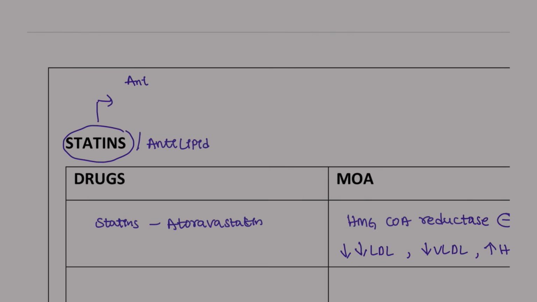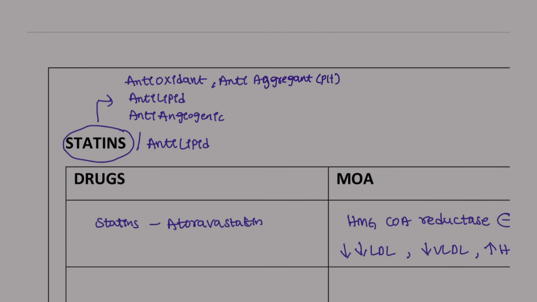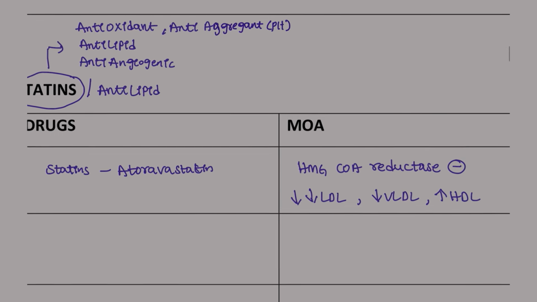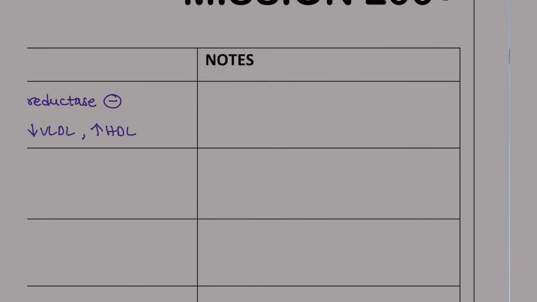It can be antioxidant. It is an anti-lipid drug, and it can also be an anti-angiogenic drug and an anti-aggregant drug, especially with the platelets. With all these multiple effects, that's why we commonly use statins as the first line of therapy for patients.